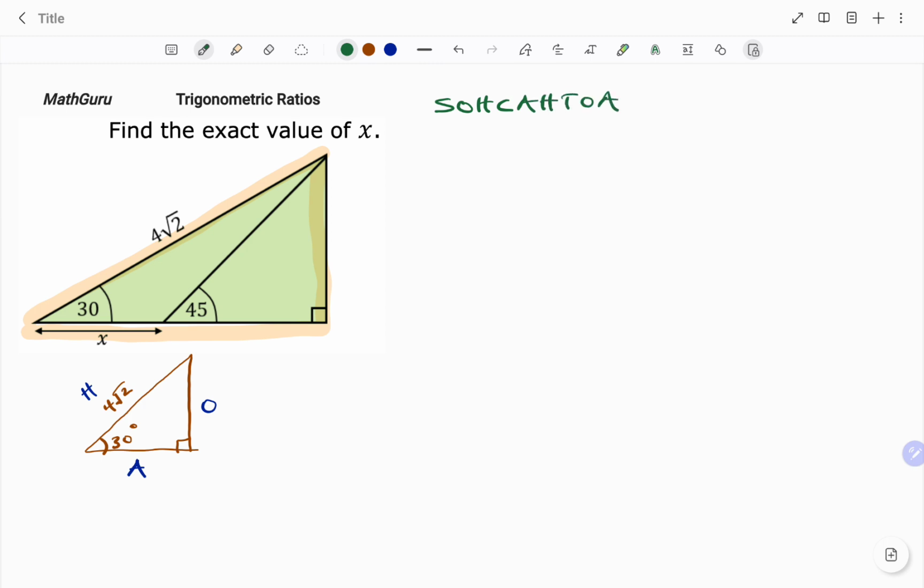So you can see that the trig ratio that uses opposite and hypotenuse is my sine. So therefore, sine of the angle 30 degrees is equal to my opposite over my hypotenuse. I'm going to correct that.